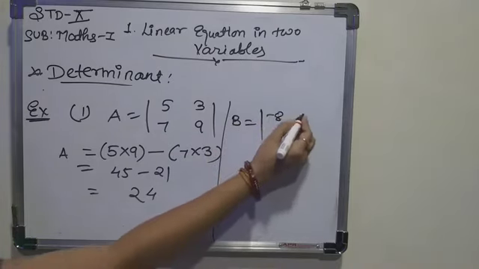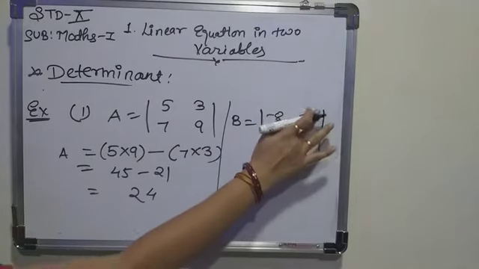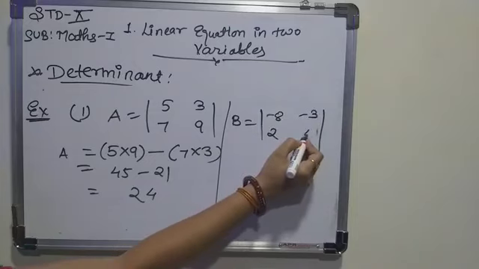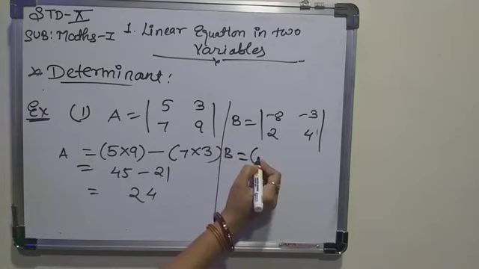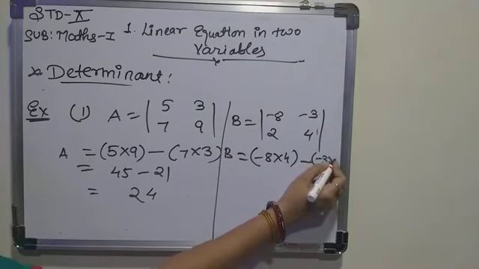Now the determinant with minus 8, minus 3, and 2 and 4. Again you do the same process: minus 8 into 4 and then minus 3 into 2.